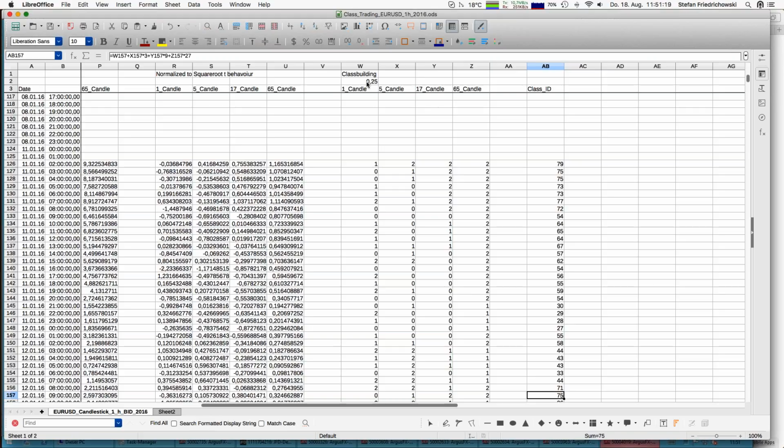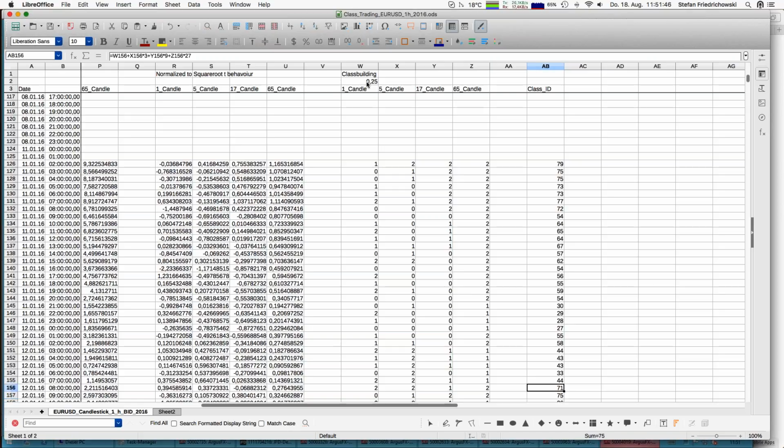Therefore, I have within one class exactly 1,000 candles. If I would have 800 classes finally, then I would have only 100 candles within one class. And that might be a little bit low to apply statistics.